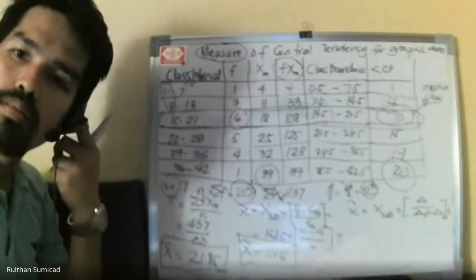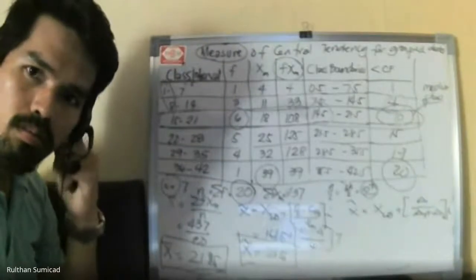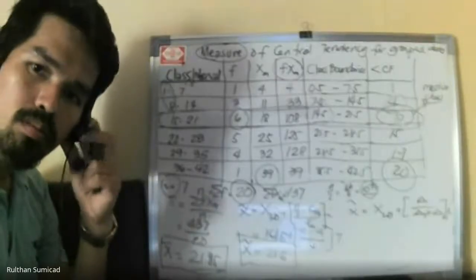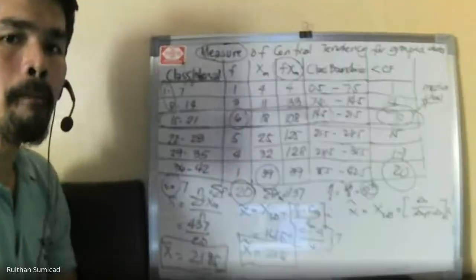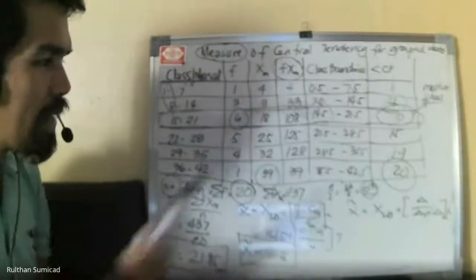Sir, the last number in the class interval, and then divide by 2. No, that's not how.